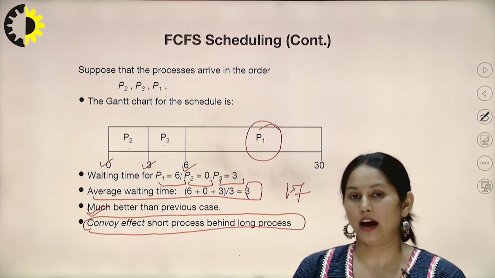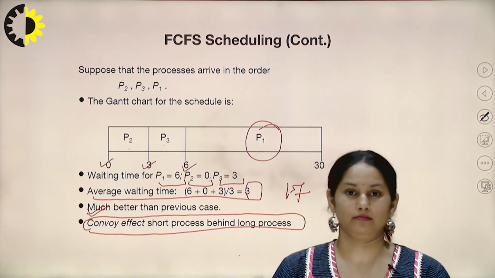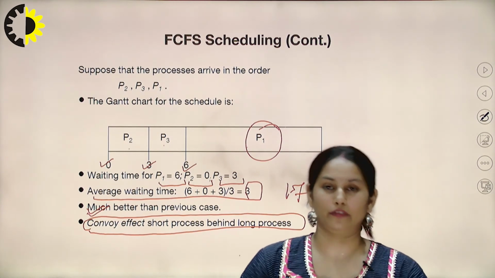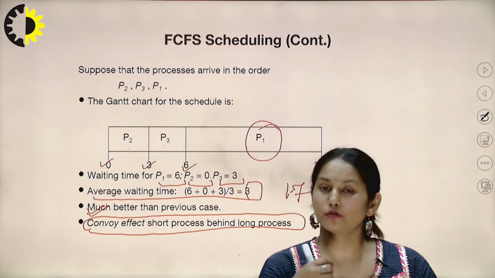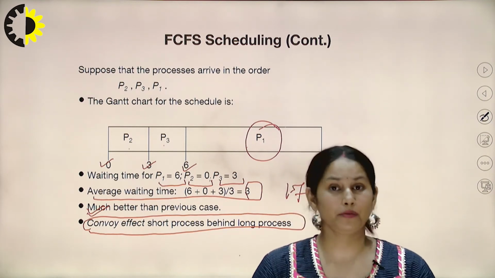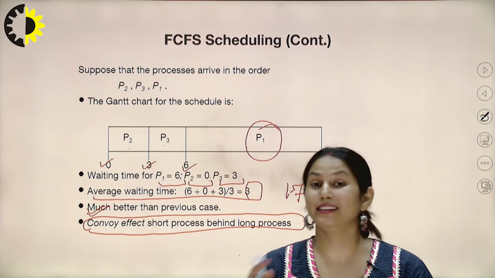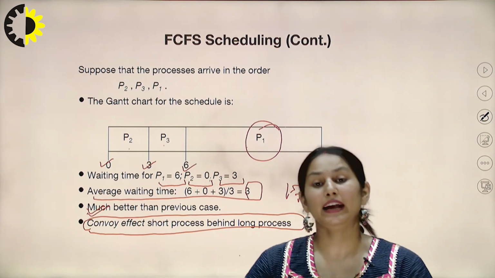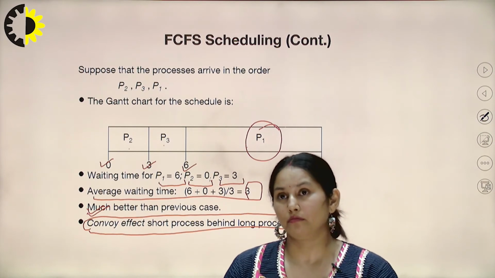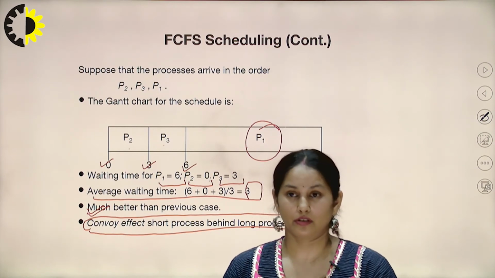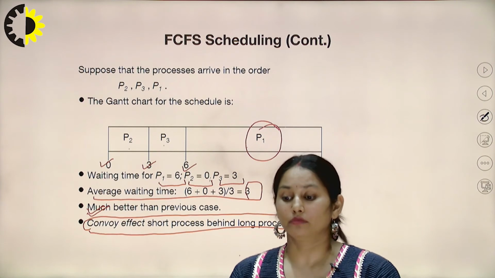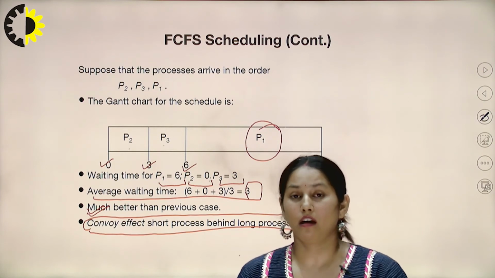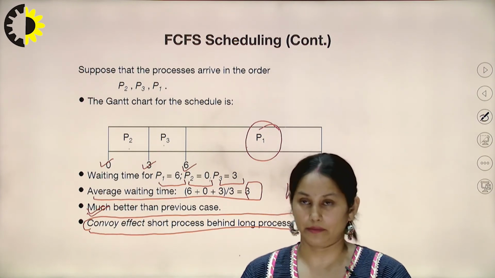If you have a larger process at the start of the execution, your smaller processes will have to wait until the execution of the larger process is over. It happens that at the start, you have the process which has a large amount of burst time.